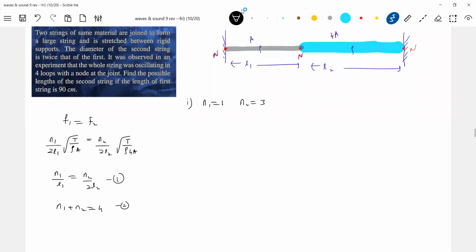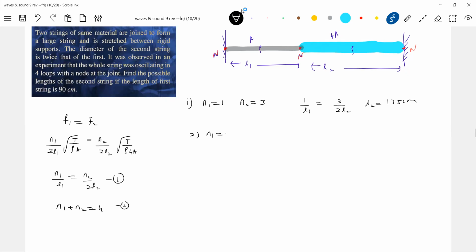If I assume N1 equal to 1, N2 equal to 3, I'll get one value of length L2. Only L2 is needed. So 1 by L1 equals 3 by 2L2. This is 30. What is the value of L2? 135. There's one possible length.